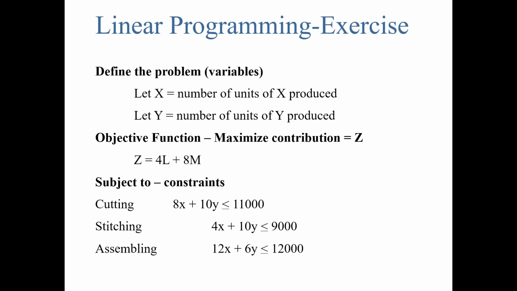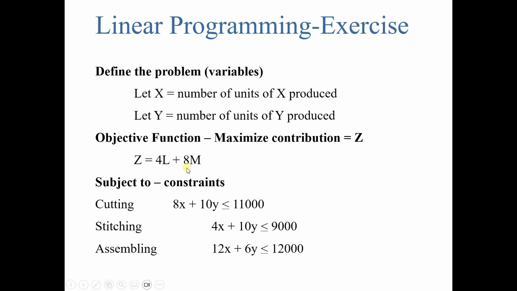So I'm going to start from the example. Let's suppose we have two different products. One product is X, and I named the other product Y. Now the objective function, the purpose of this equation, is that I want to maximize my profit or maximize the contribution.